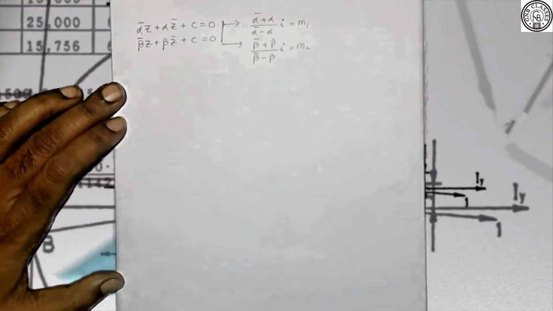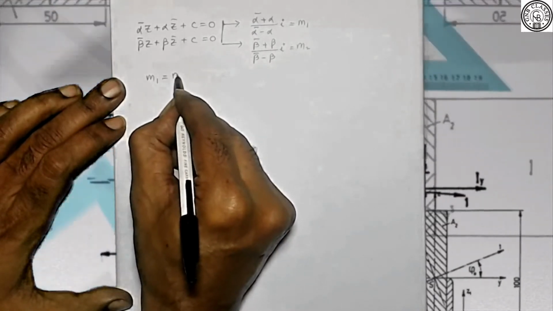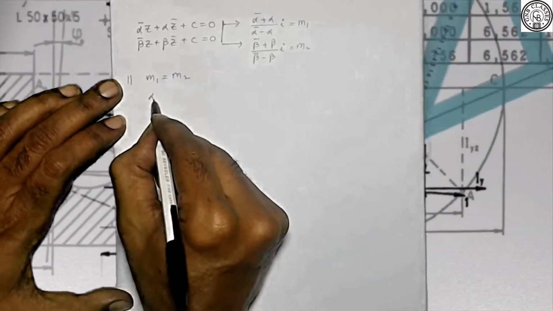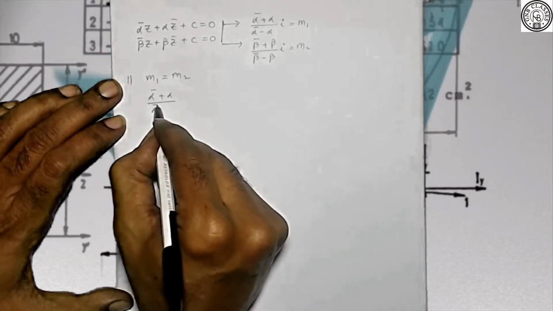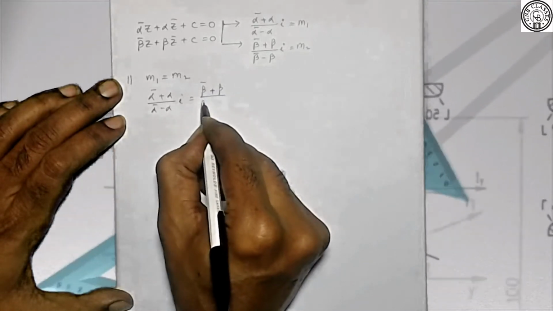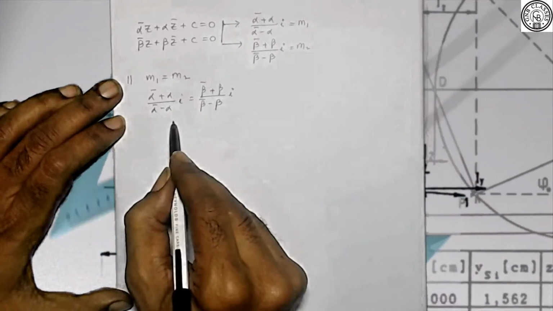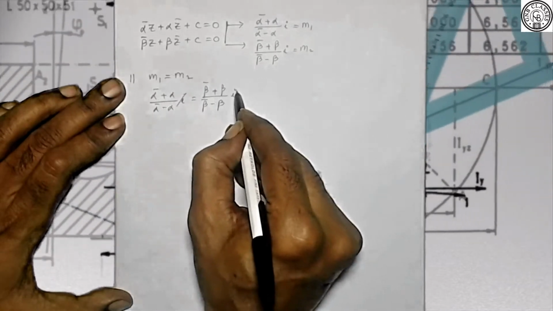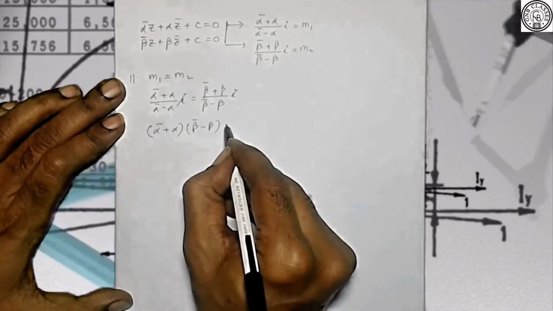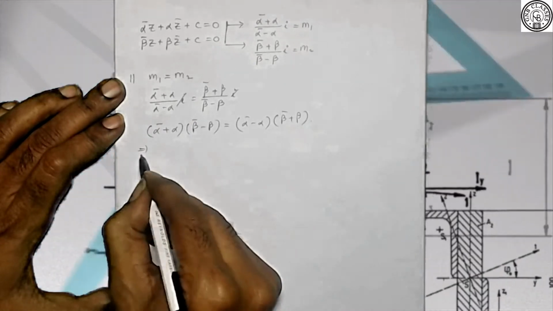Now, if these two straight lines are parallel to each other, then what you will write? You will write that these slopes will be equal if they are parallel. Okay? That is, iota equals to beta bar plus beta by beta bar minus beta iota. Is it clear? When two lines are parallel to each other, right? So I goes off. Let me just cross multiply. Let me just open the brackets.